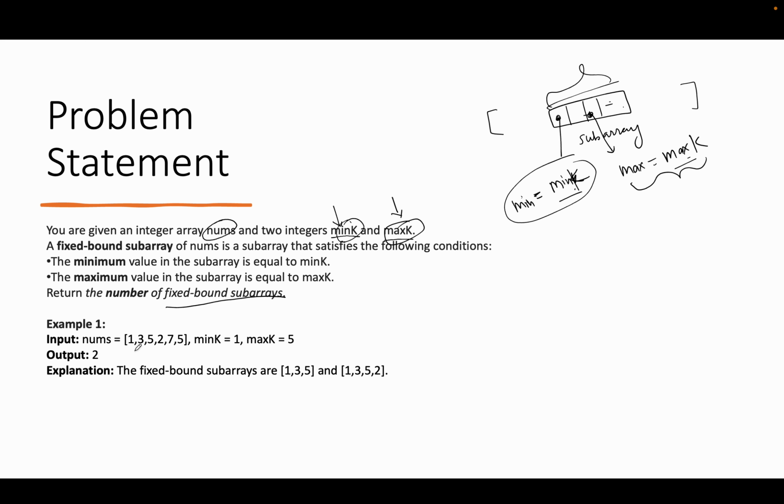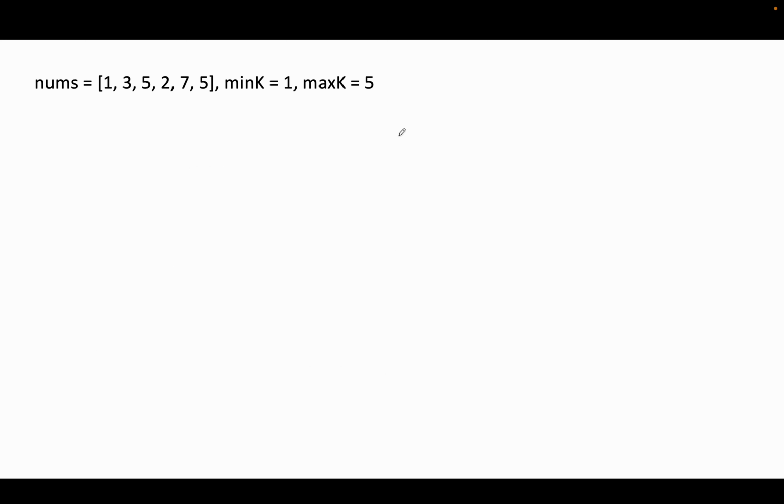So let's take an example. So this is our example. This is the array and then minimum is 1, maximum is 5. So if you see this subarray, clearly min is 1 but max is not 5. Then you check this subarray, here max is 3, min is 1, still max is not 5.